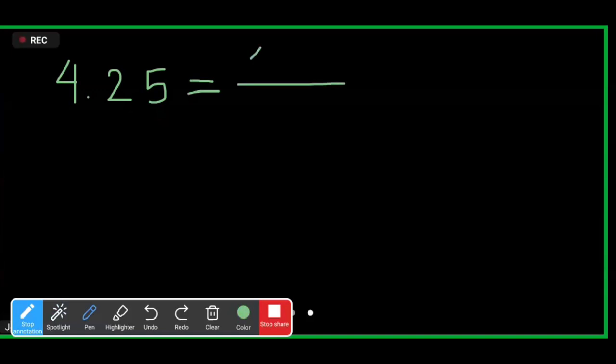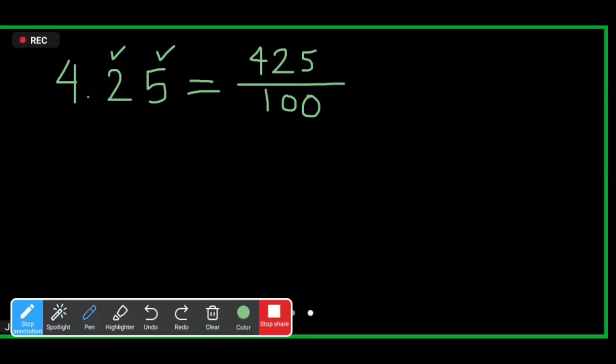We write 425, all the digits without the decimal, in the numerator. And what about the denominator? We see how many digits you have after the decimal: 1, 2. So we write 2 zeros, which means 100. So 425 by 100. This is your rational number.